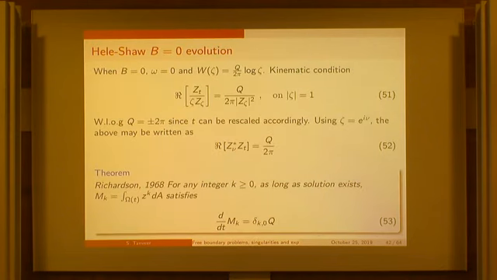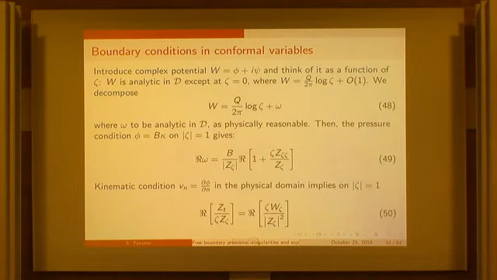Now, in our case, remember, for zero surface tension, this B is absent. This term is not there, so real omega is equal to zero. So omega, without loss of generality, can be chosen to be zero.